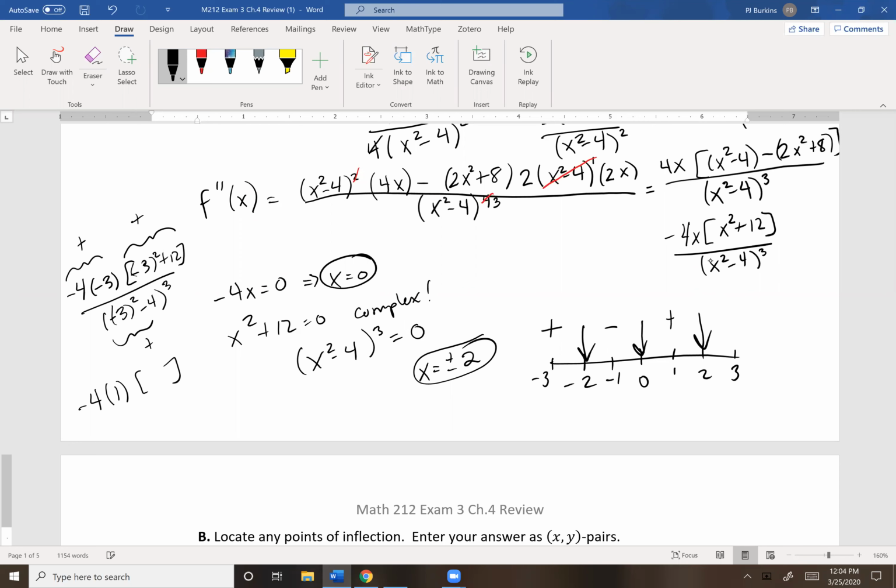Again, this part's already positive. And then plug 1 in here. This down here is negative. This results in a negative. Negative divided by negative is a positive. And then finally plug 3 in. Bottom's positive, top is negative, overall negative.